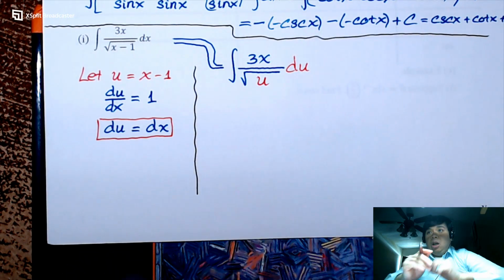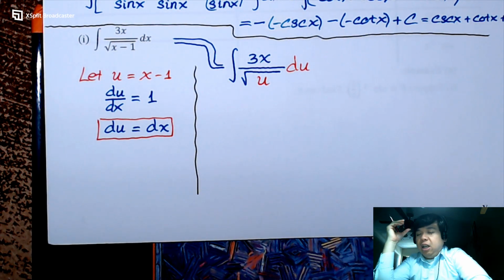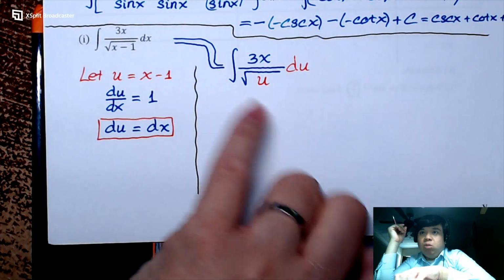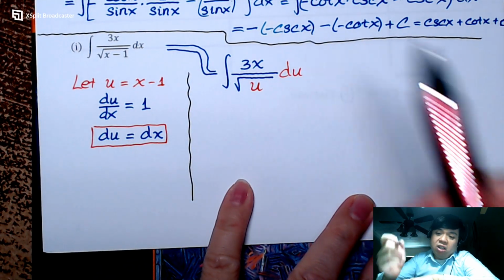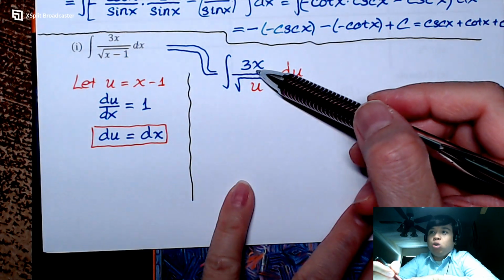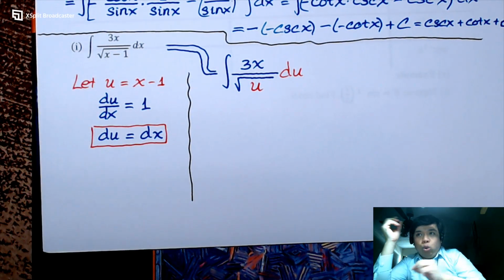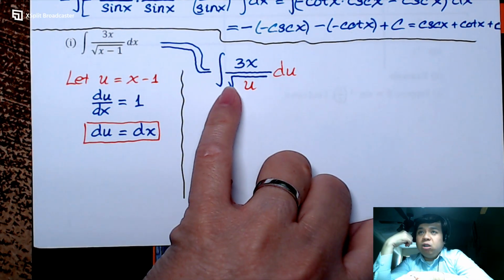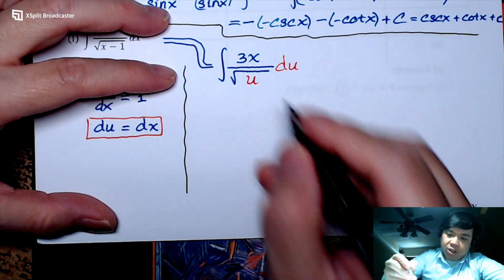So that's good. The problem has one term at the bottom. Like I said, 2 terms at the bottom cannot split, but 1 term can split the top. So that's nice. What's not nice is we still have an x. That's not supposed to be. In substitution, if we let u equal something, after the substitution we should only have u in it. There's an x there, so that is the problem.